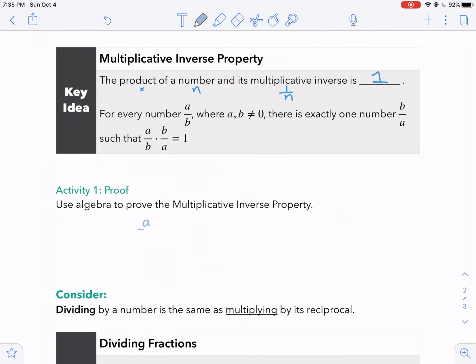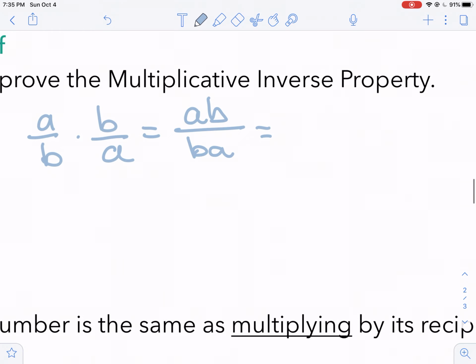Let's say you have a over b times b over a. Well, we'll multiply across. That gives us ab over ba. And then we are allowed to reorder these two guys. So that's a times b over a times b.